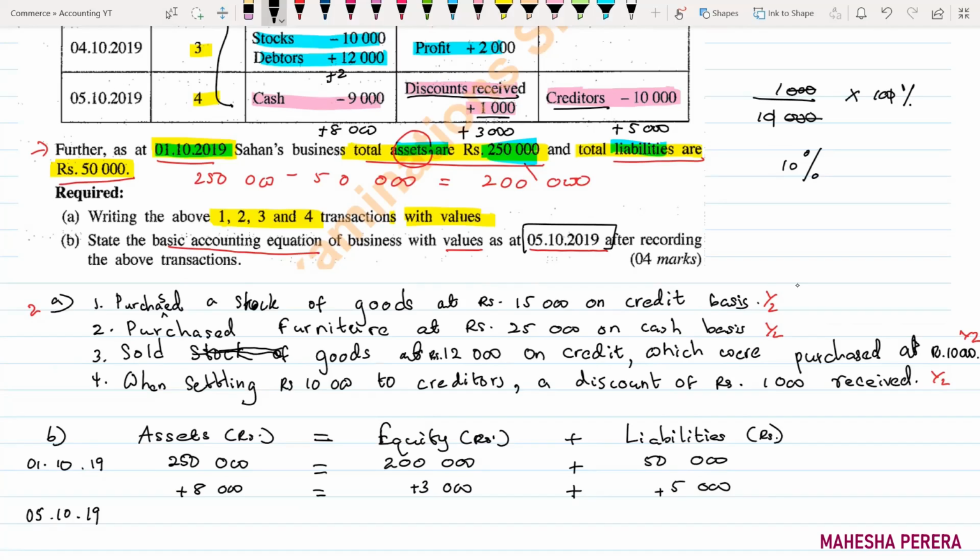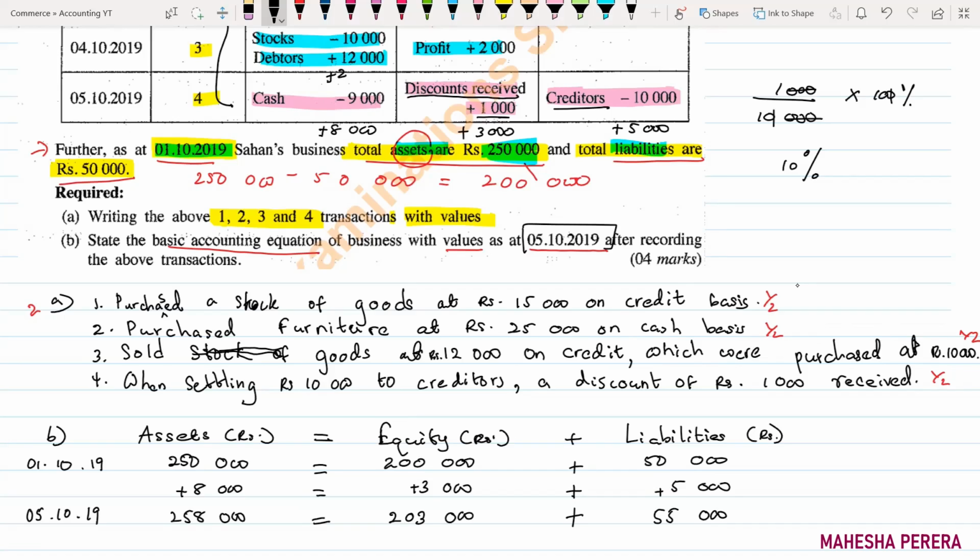You can write now, when you add 8 to 250, it will become 258,000. Now no need to put a sign, right? For the closing balance, no need to put a sign. And then when you add these two, you get 203,000, right? And then always follow the signs in the accounting equation, and the liabilities become 55,000. So does our accounting equation balance?